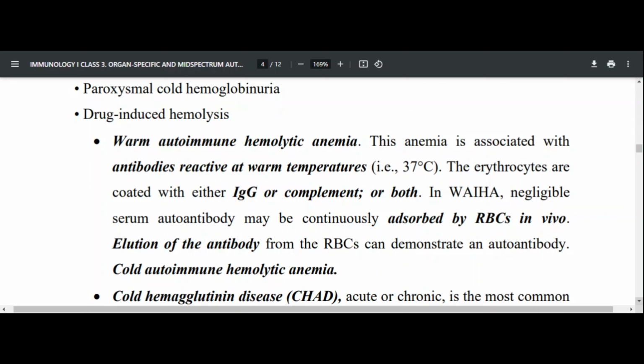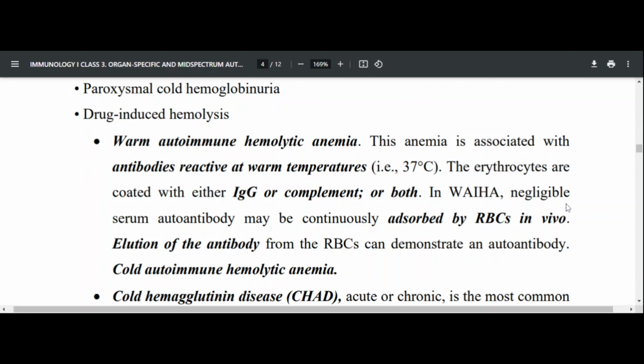Those antibodies that are adsorbed by RBC are able to attach on RBC in vivo, or in the body, right? And those cells will be destroyed because of complement activation, because complement is able to work at 37 degrees.